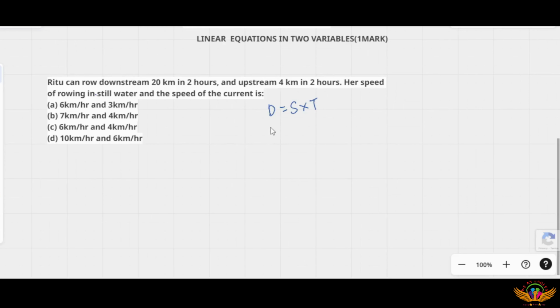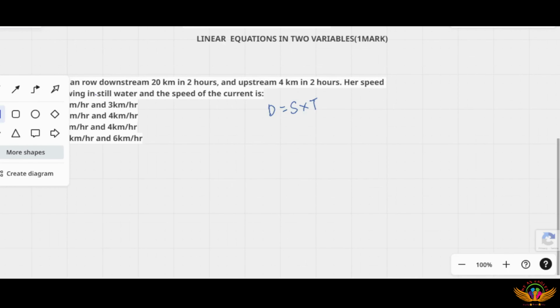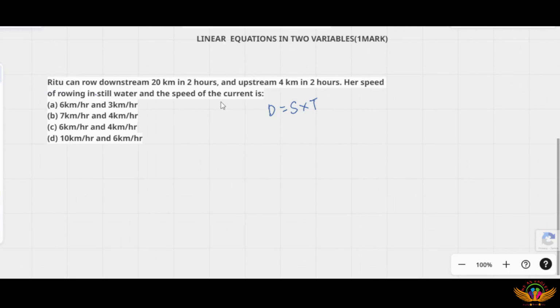The downstream speed, we always add the speed of the still water plus speed of the current, and upstream we subtract, the speed of the still water minus speed of the current. So these are the 2 points that you have to remember.